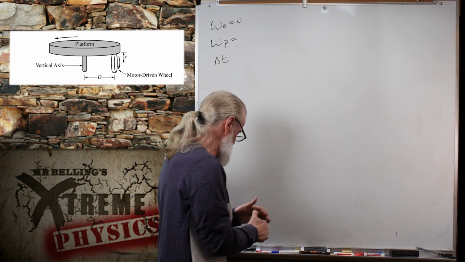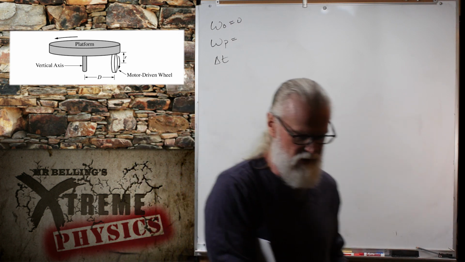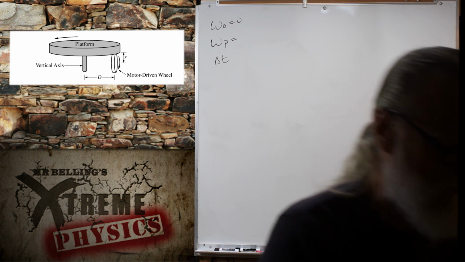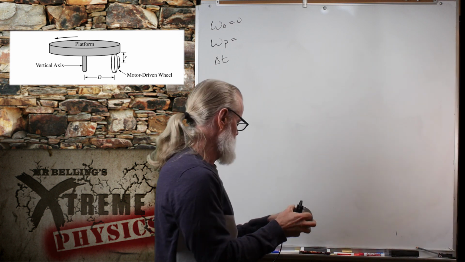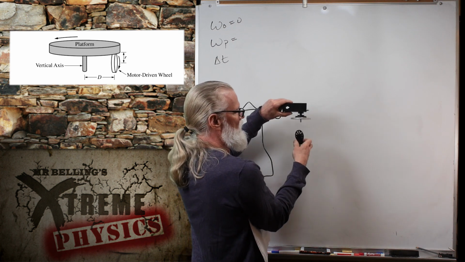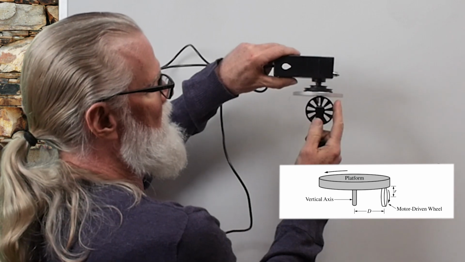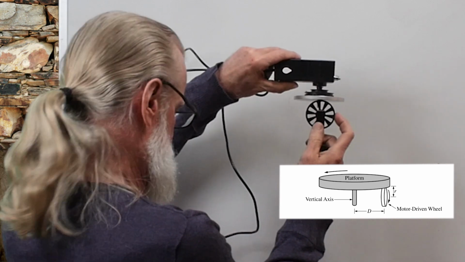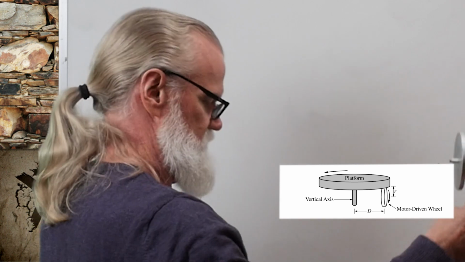Okay, so what's happening, and hopefully this will be big enough for you to see. I may have to do an insert later. We'll see. So we got this thing, and we got a wheel underneath it, and it is spinning, and the spinning of this wheel is actually turning the other way, isn't it?